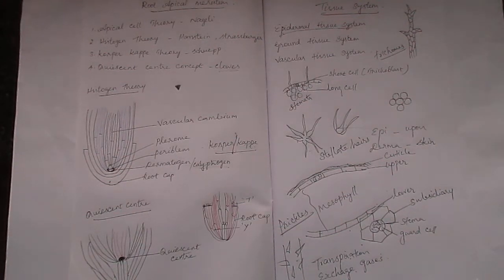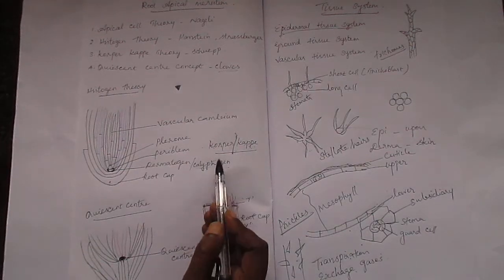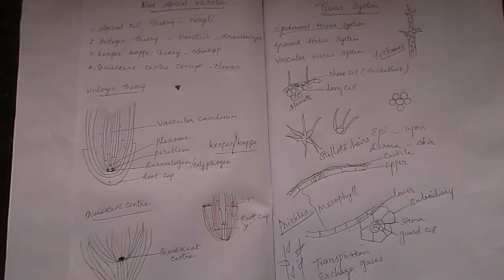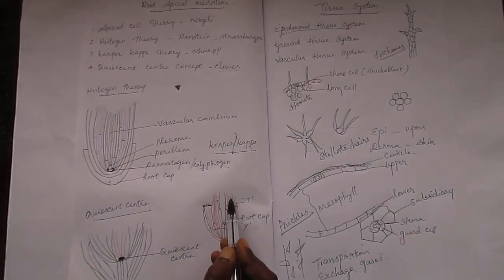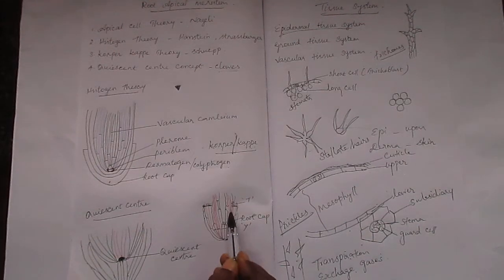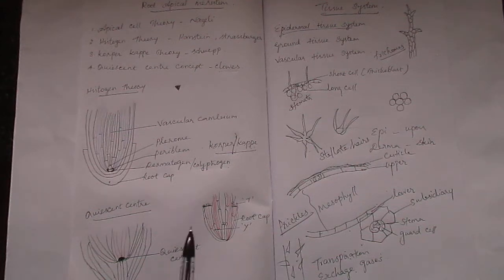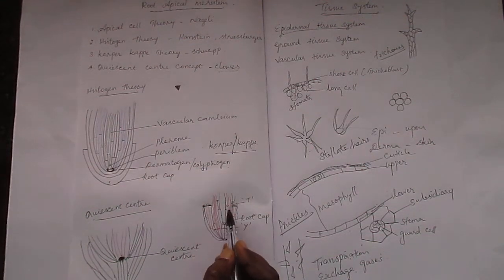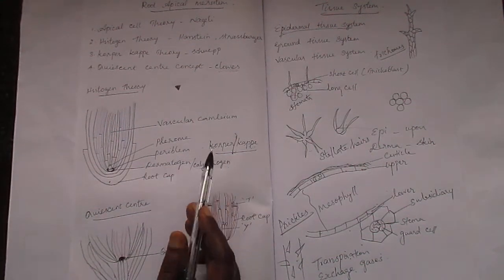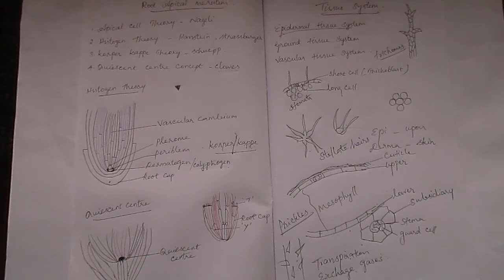The Carper is characterized by inverted T divisions. It looks like inverted T divisions. And Cape by straight T divisions. This is the straight T, this is the inverted T. Carper is characterized by inverted T and Cape by straight T divisions.